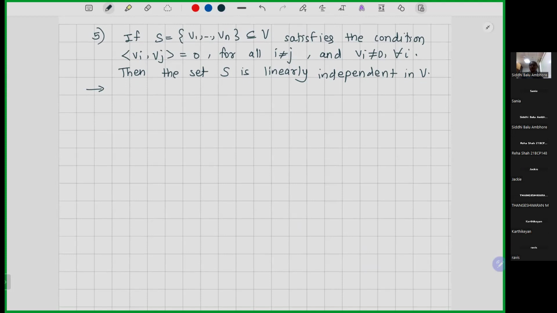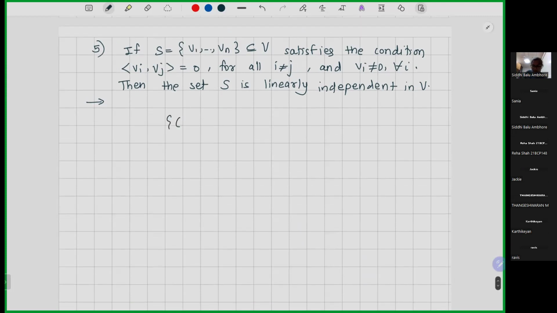Okay, so this Vi non-zero condition is important because, see, if we choose these elements, for example, 1, 0, 0, and 0, 2, 0, and 0, 0, 0. In this case, the inner product of Vi, Vj is 0 for any given i not equal to j. But this set is not linearly independent.